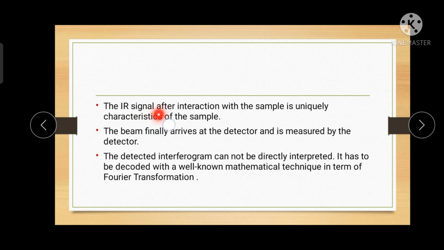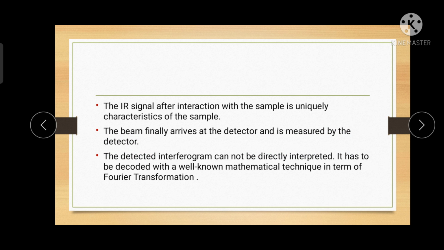The IR signal after interaction with the sample is uniquely characteristic of the sample. That means after interference the IR signal interacts with the sample, and after that we get a new type of signal, and this new signal consists of different characteristics of that sample. The beam finally arrives at the detector and is measured by the detector.